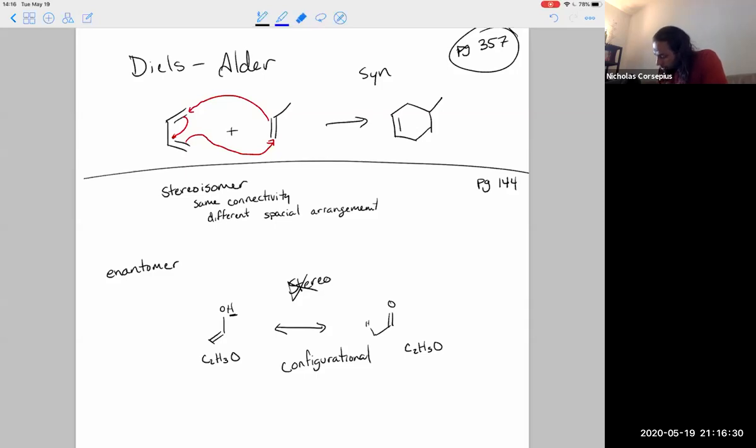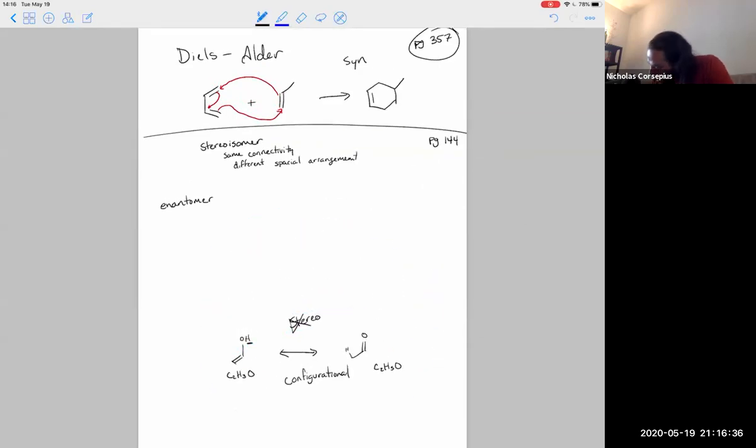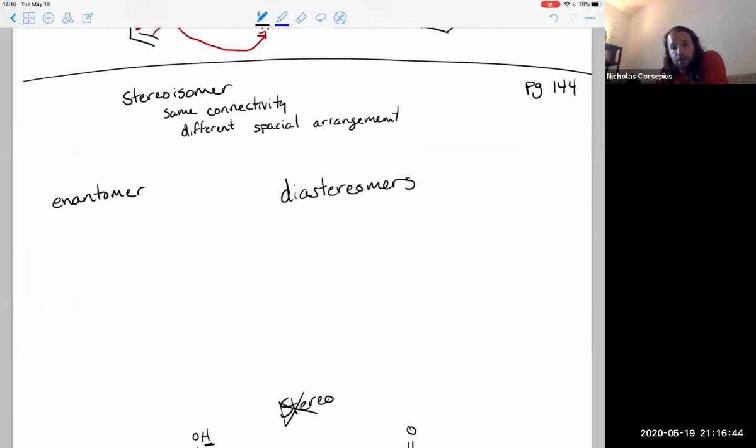Two types of stereoisomers. So let me just get rid of this real quick. Enantiomers versus diastereomers. Okay, both of these would be considered stereoisomers, but they're different types. Enantiomers, so now you're talking about a pair of molecules. A pair of molecules will be enantiomers if they are mirror images.